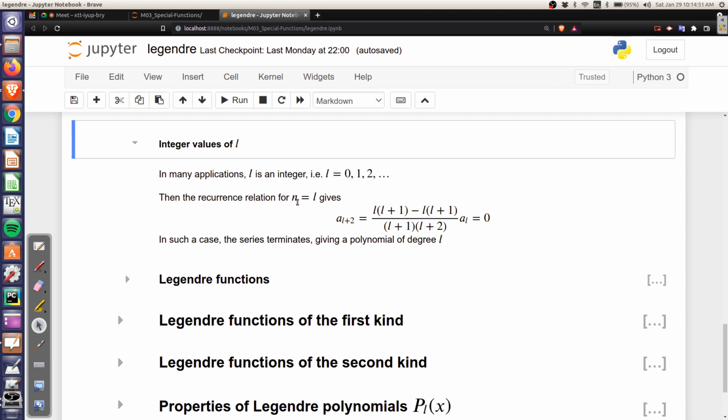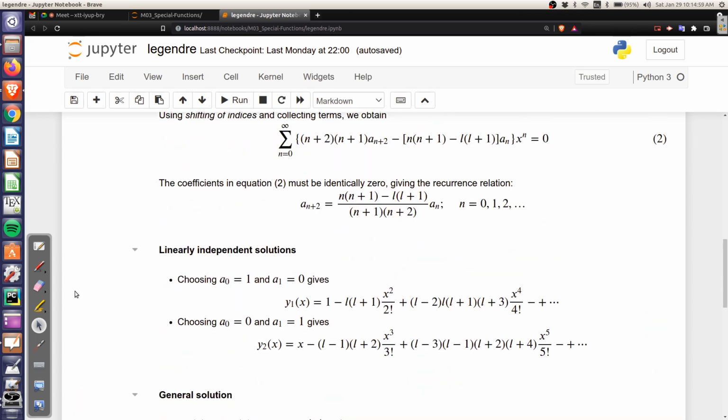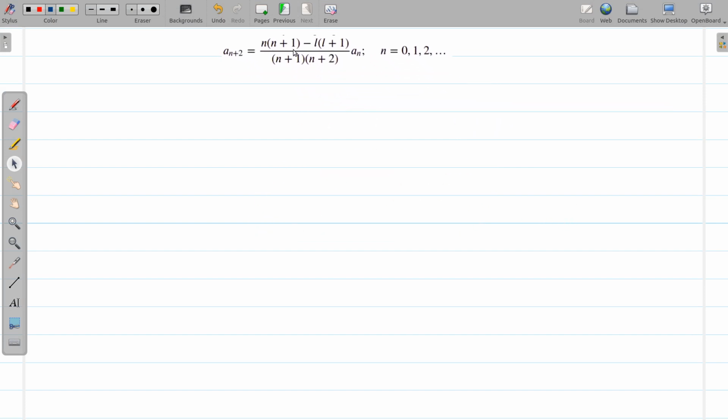Then using the recurrence relation, you will see something interesting happening. Let me do it on the whiteboard. Let me grab the recurrence relation. So this is the recurrence relation.